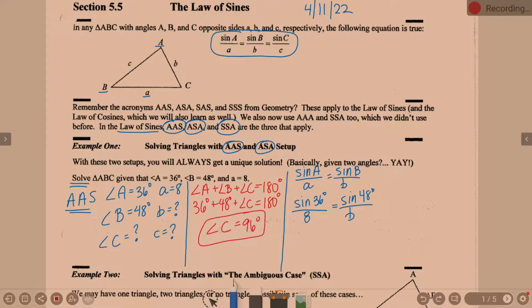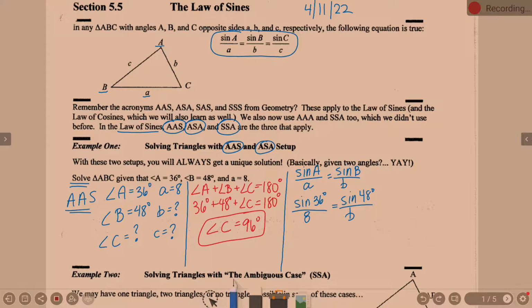Thoughts on how to solve? Basic algebra here. Don't get fancy. If I have a fraction equal to a fraction, what's the easiest way to solve that? Yeah, I like to use cross products here.